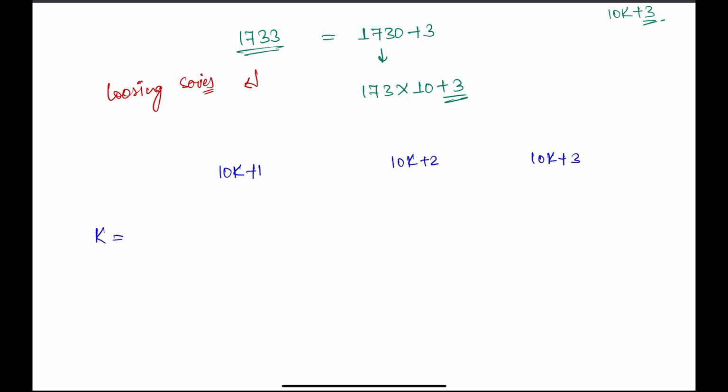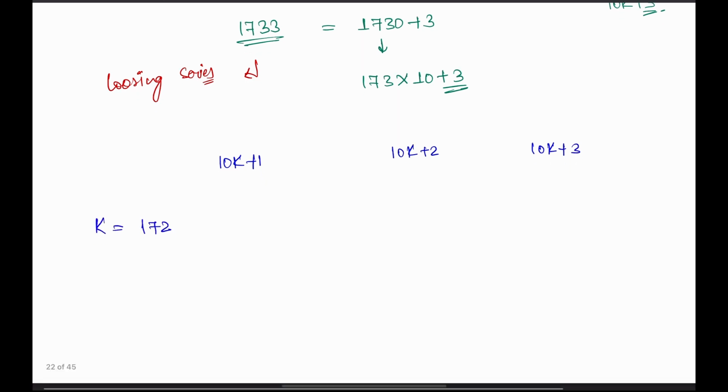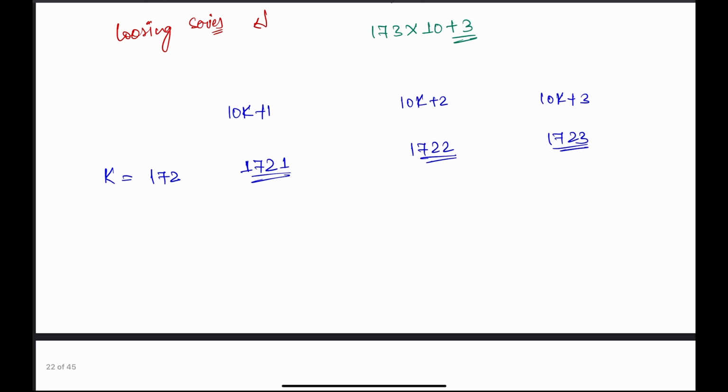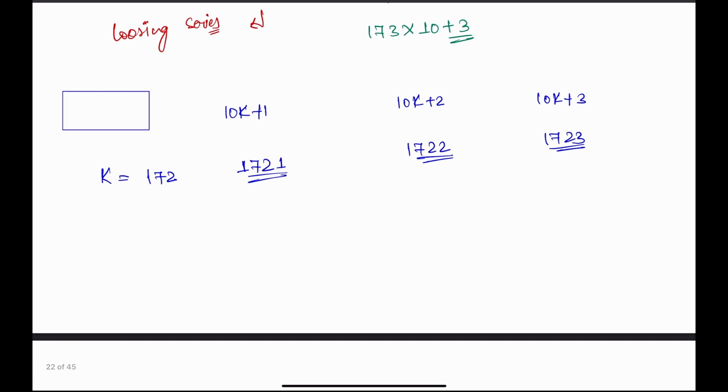So if k is 172, it will be 1721, 1722, and 1723. If we have 1733 coins and want to come back to this number, how many coins will we need? We will need 12 coins, right? Yes, 12 coins.